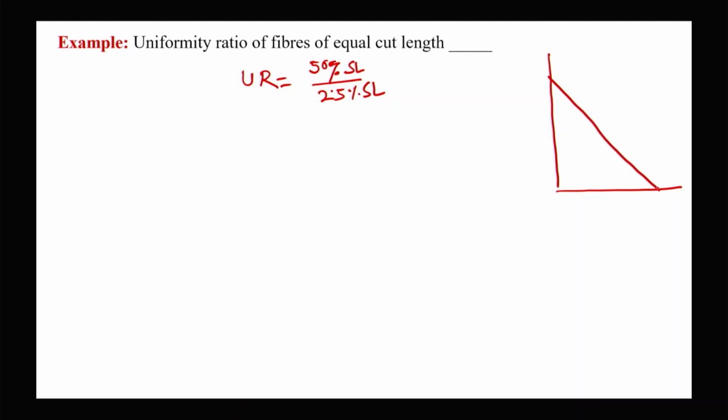This is the shape, where this is the proportion of fiber, percent fiber, and this is the length. Now here OAB, this is a triangle OAB.